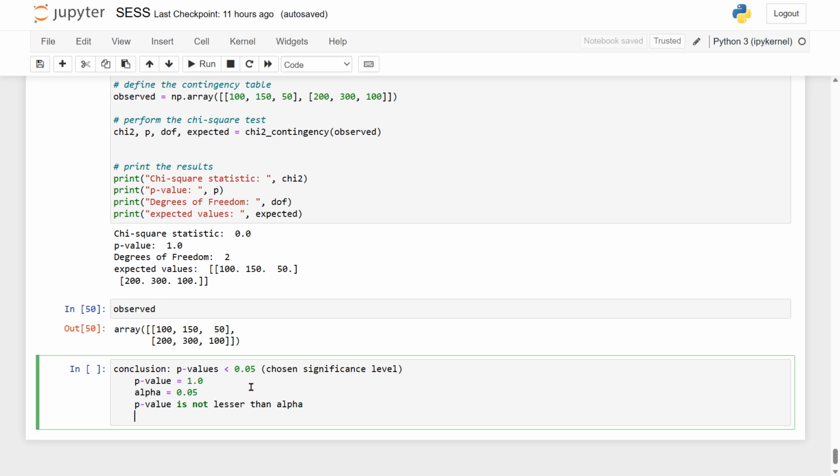Hence we fail to reject the null hypothesis and conclude that there is no evidence of a significant association. That's it.